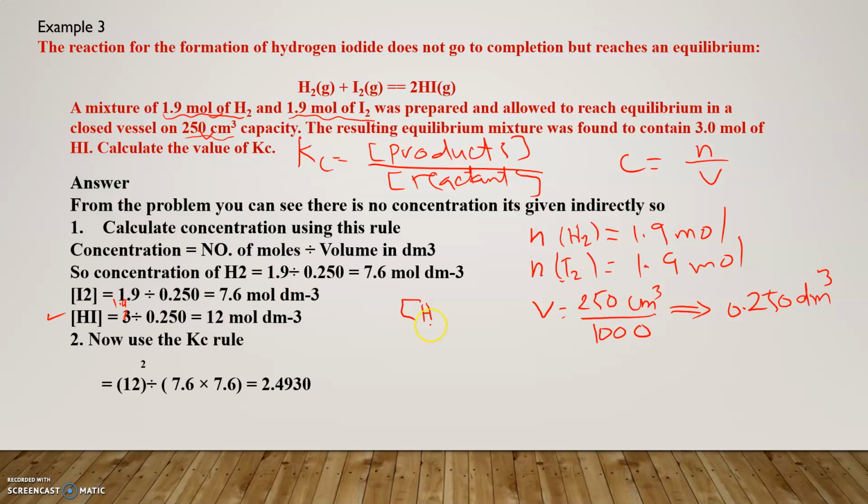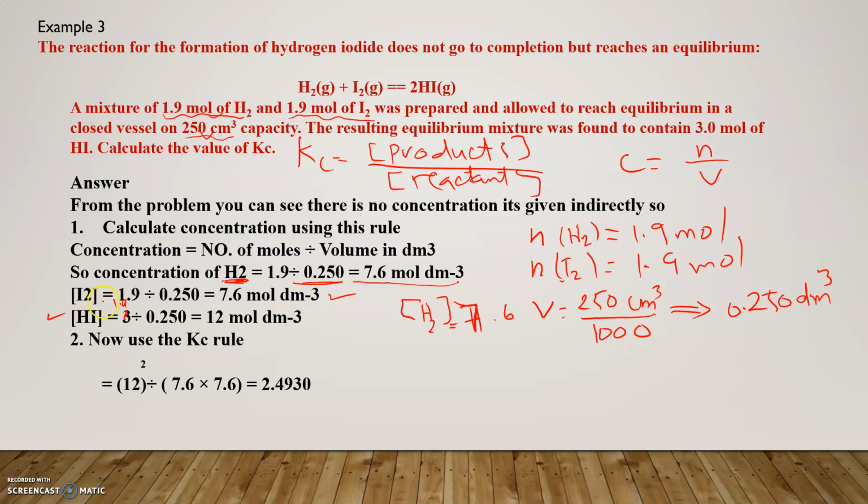So for hydrogen, it's 1.9 divided by 0.250. So it gives 7.6 mole. This is the concentration of H, 7.6 mole per dm cube. For iodine, same thing, because they have the same number of moles.